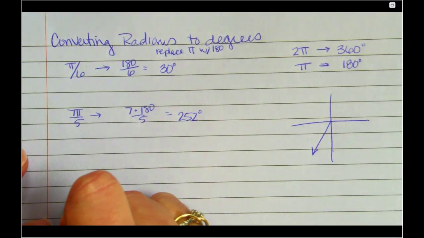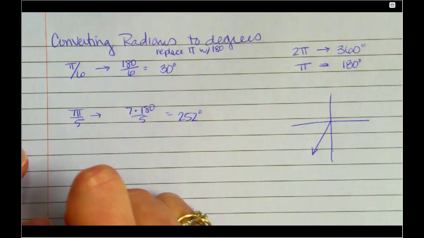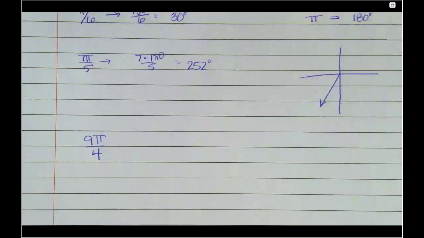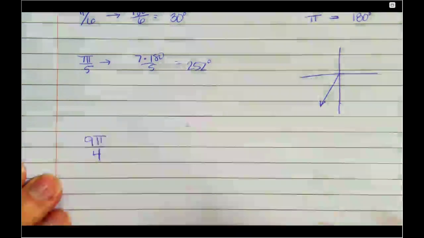Let's do 9 pi over 4. 9 pi over 4 radians into degrees, please. What is this?